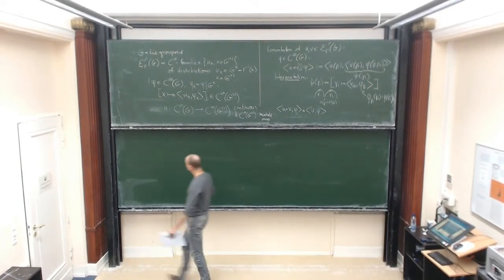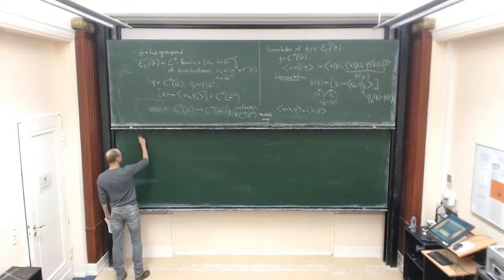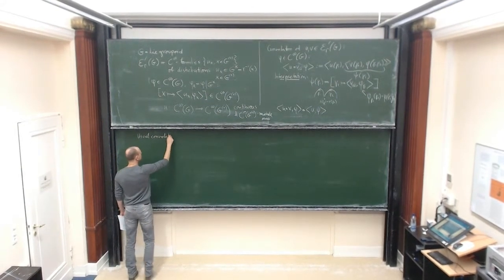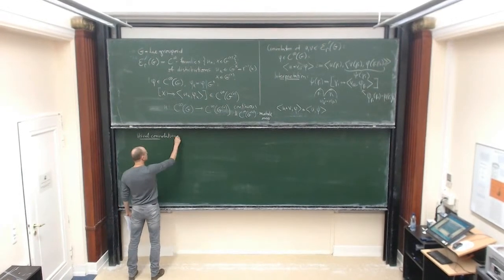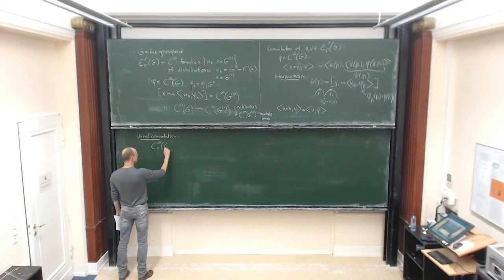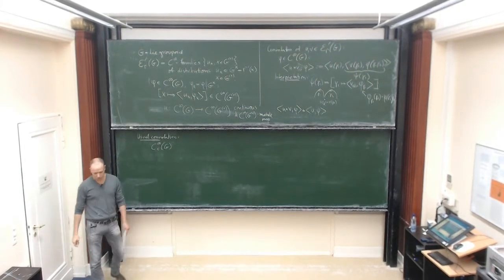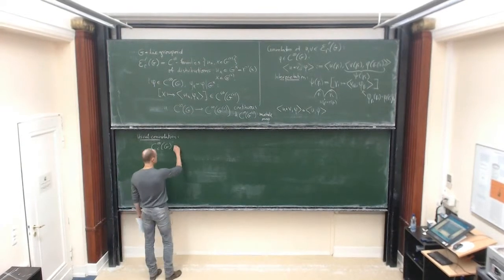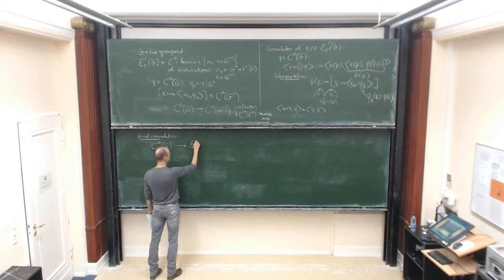So to get the usual convolution, what you do is what I also indicated for groups. You have compactly supported smooth functions on G. They're not distributions, they're functions, but let's not be deterred.